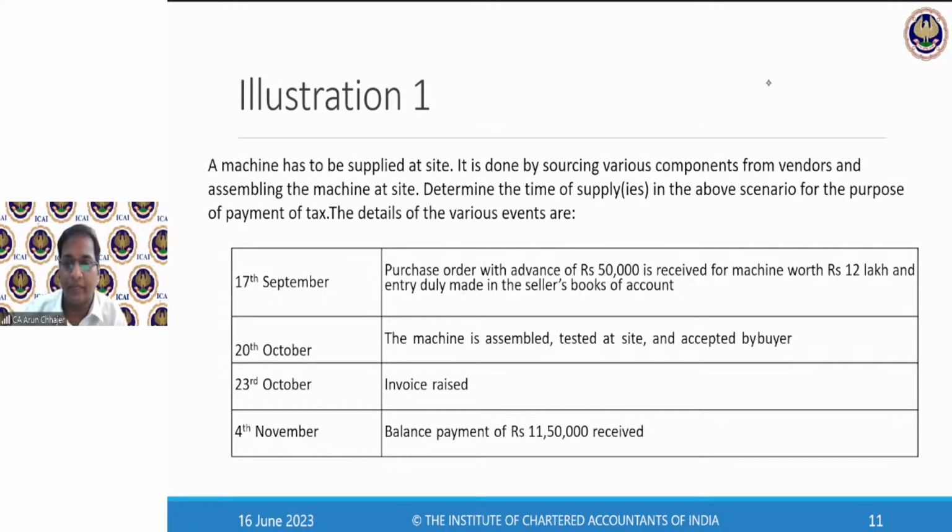Date of removal means, Bhumika, the date on which the goods have been moved out from your factory for delivering to the customer. There is a mixed answer. Some are saying 17, some are saying 20, some are saying 23rd, and some are saying November.